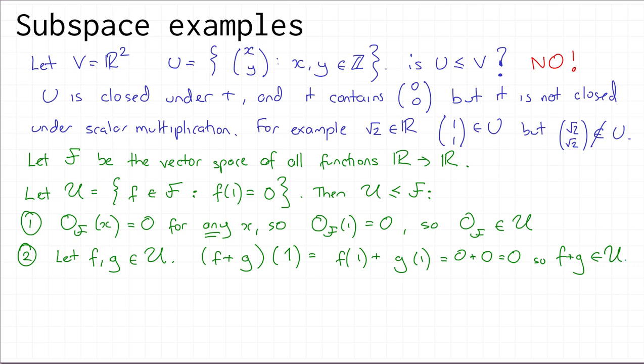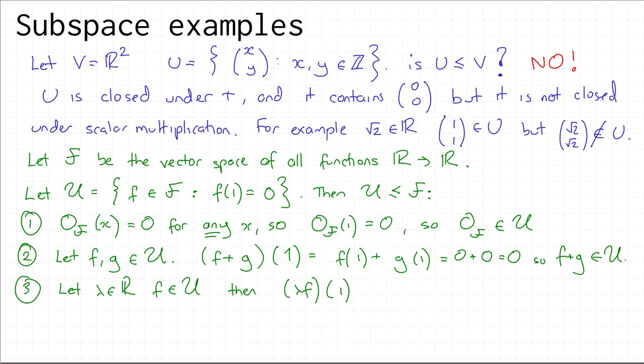Okay, so U is closed under addition, and of course it's closed under scalar multiplication for the same reason. So we'll let lambda be a scalar, and we'll let f be an element of U, and then lambda times f was defined to be the function whose value at x was lambda times f of x.